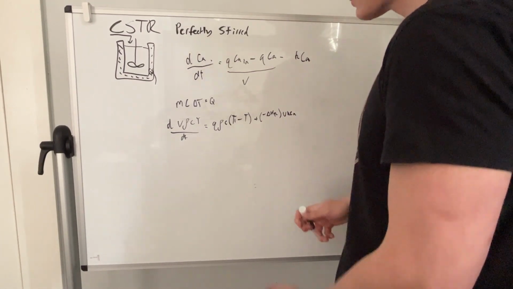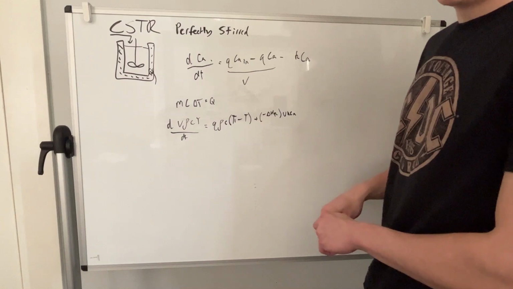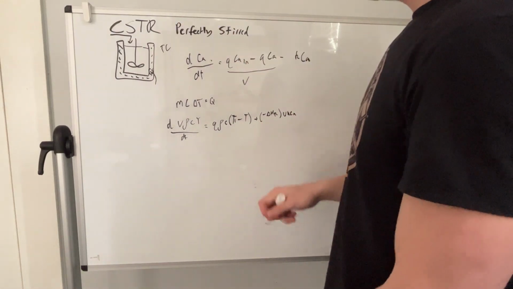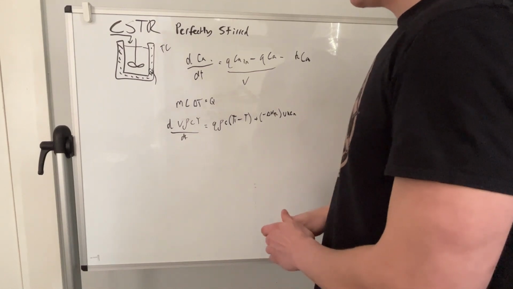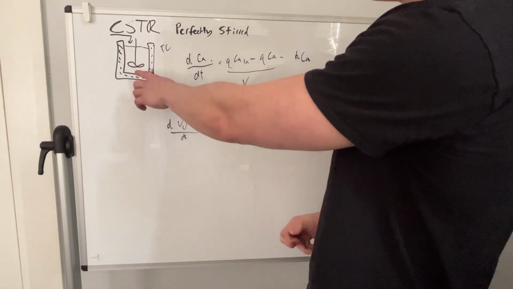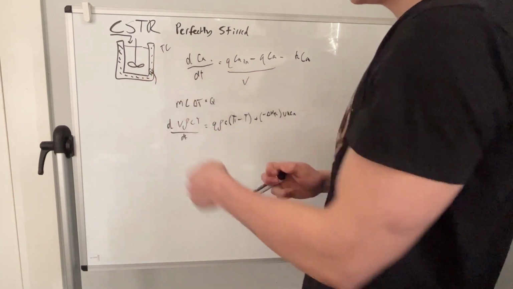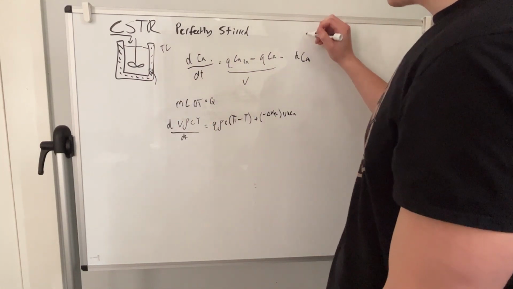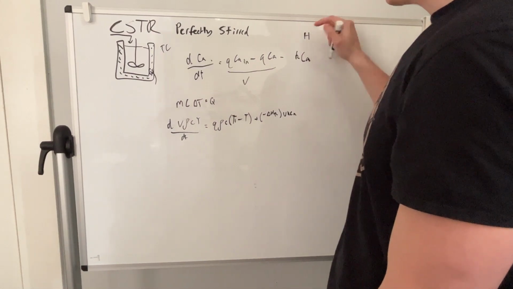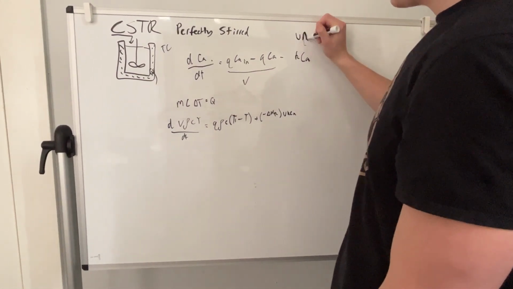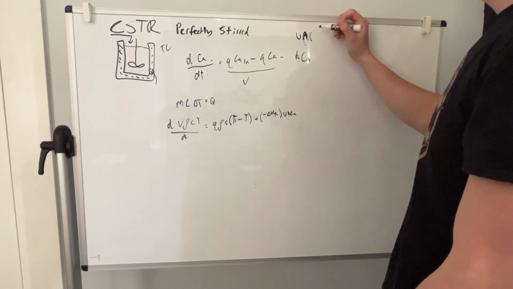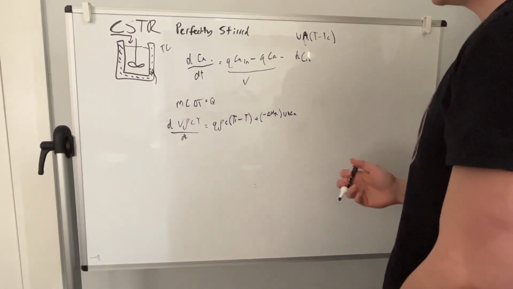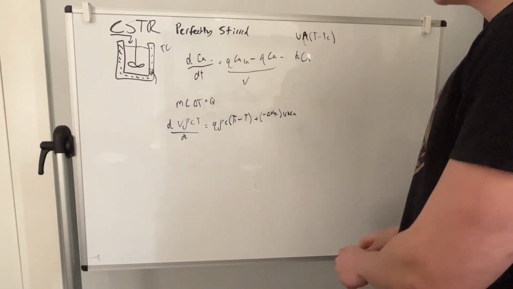And lastly, the next thing that will affect our energy is the heat transfer from the liquid to the cooling jacket, which can be represented as our heat transfer coefficient, UA, times our temperature minus our TC, which will get us the amount of energy that's transferred.